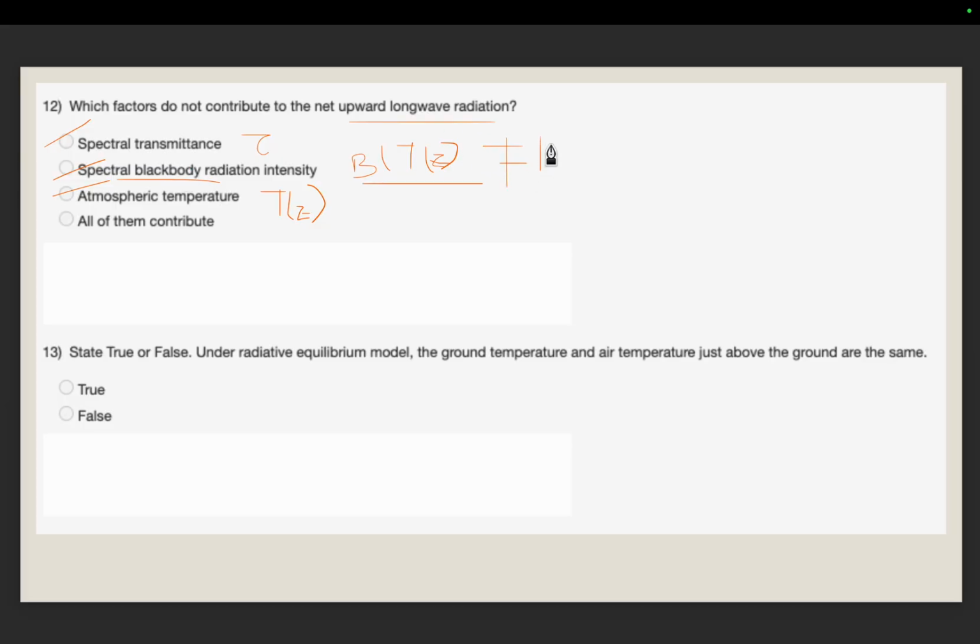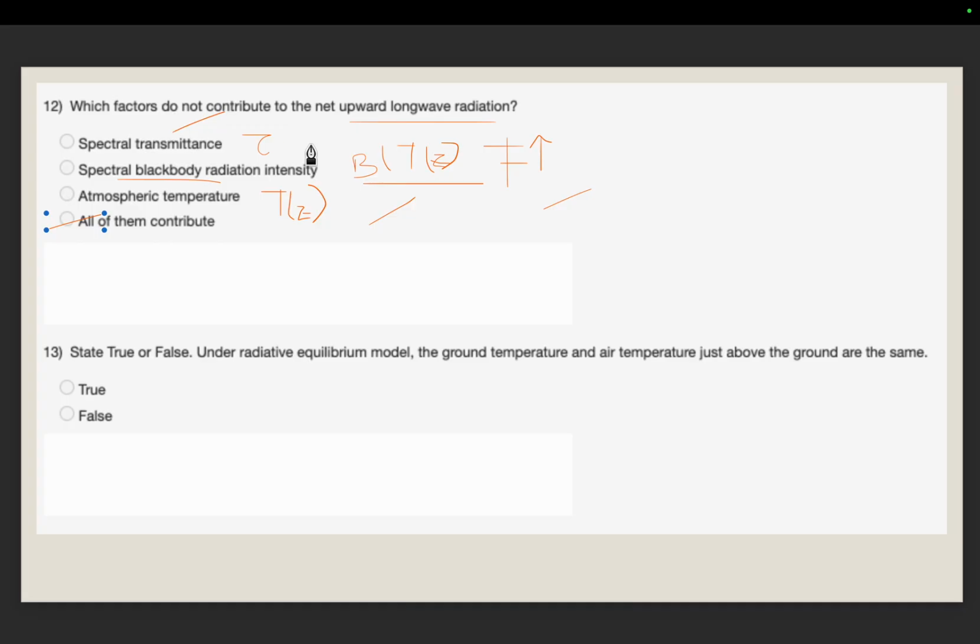But in the question, we have to write which is not contributing. Which do not contribute to upward long wave radiation? All of them contribute, of course. Sorry, all of these contribute. I guess for the MCQ, option D is correct.